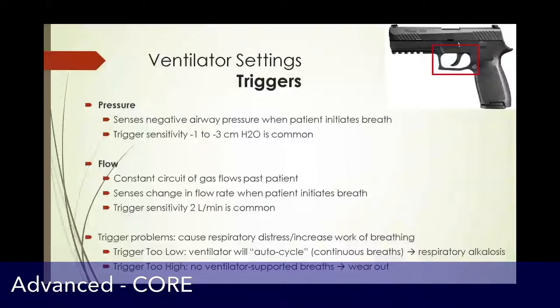Usually this is pre-programmed into the ventilator, but there has to be some sort of trigger for the breath to be started. So taking a breath in creates a negative pressure in the ventilator circuit, and that will start the breath.